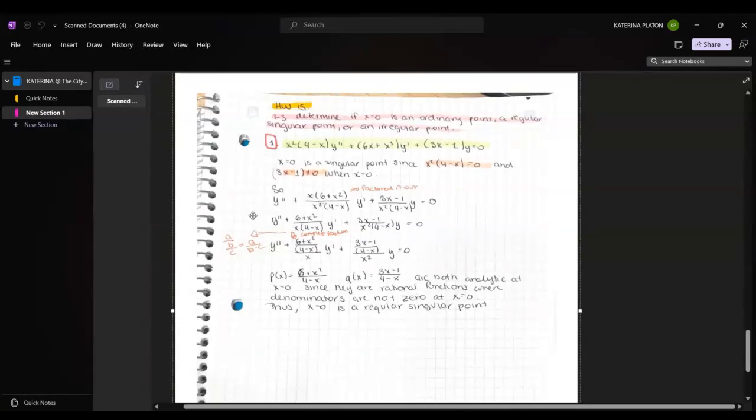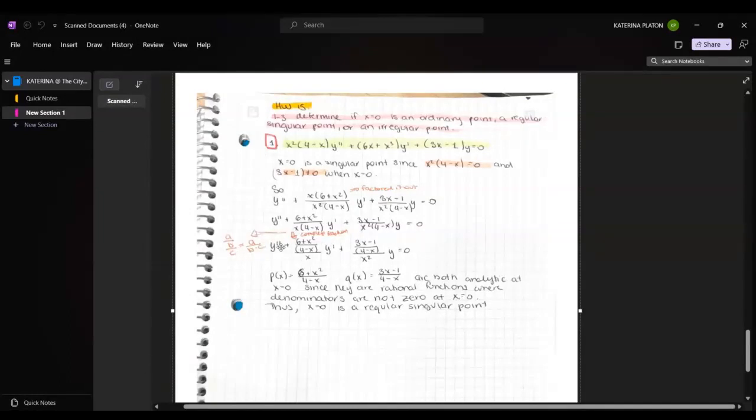And then what was left from it is y double prime plus 6 plus x squared divided by x in parentheses 4 minus x, y prime, plus 3x minus 1 over x squared in parentheses 4 minus x, y equals 0.